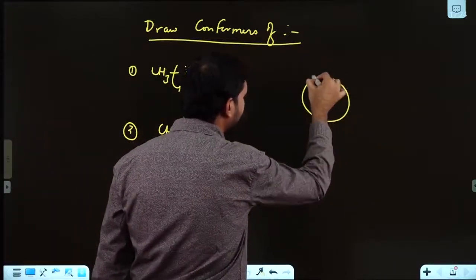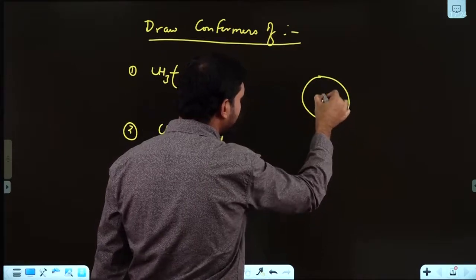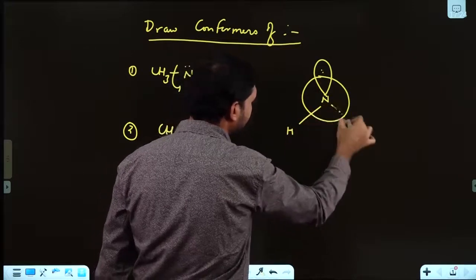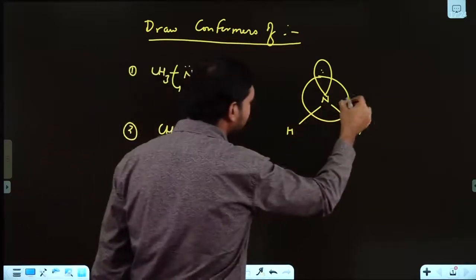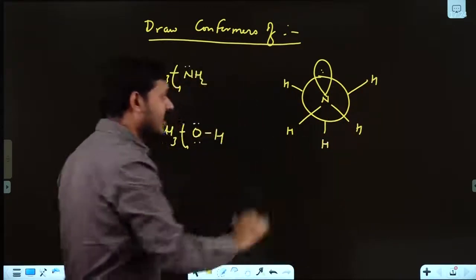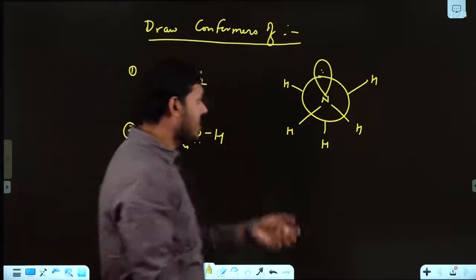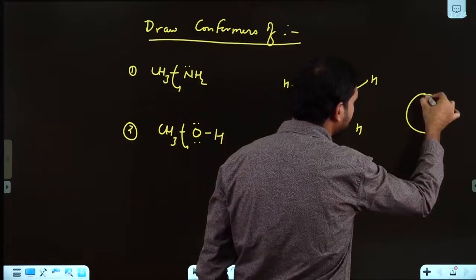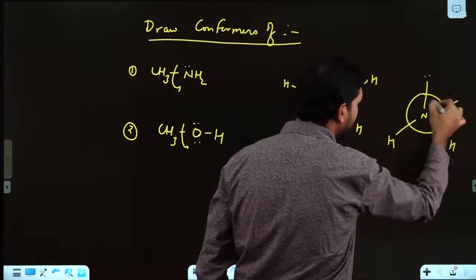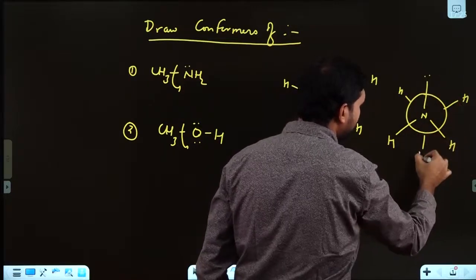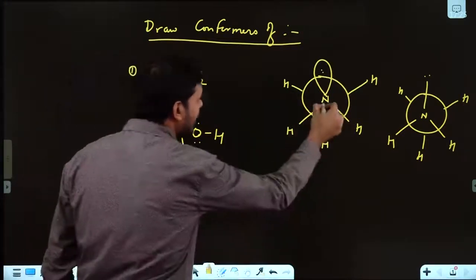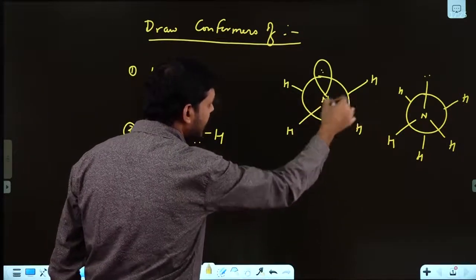Say this is the back carbon and the front part is nitrogen. This is your lone pair, this is your hydrogen. The back carbon is having hydrogen and hydrogen. This is one way of drawing this structure, or sometimes you may come across the structure like this. This nitrogen is having a lone pair like this, H, and this carbon is having H. So this is your methylamine. Front atom nitrogen having 2 hydrogens, backside carbon having 3 hydrogens.